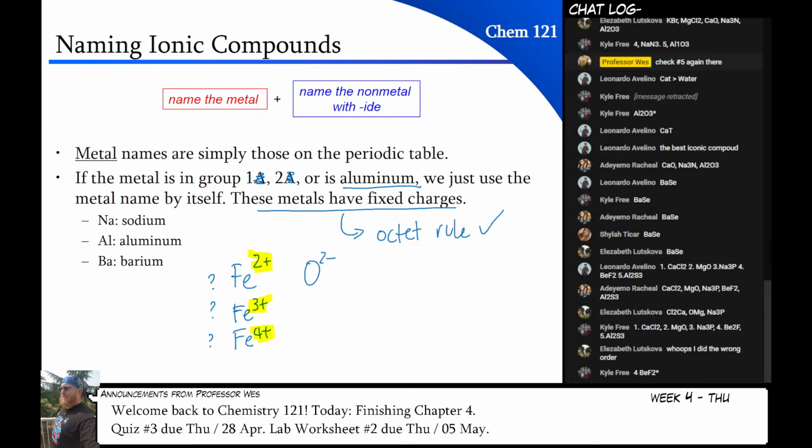So if you are using an element that is not in groups 1, 2, or aluminum, like all the ones that we've used today so far, we've only been using groups 1 and 2 and aluminum. Those grouped elements that we just said, they all follow the octet rule. Everything else, however, does not. And because those still exist, we need to differentiate them. And here's what we do.